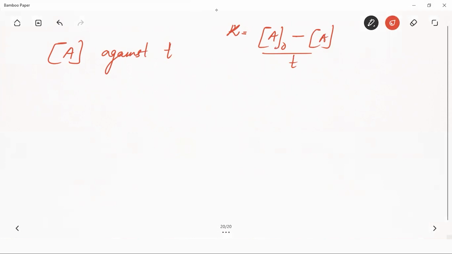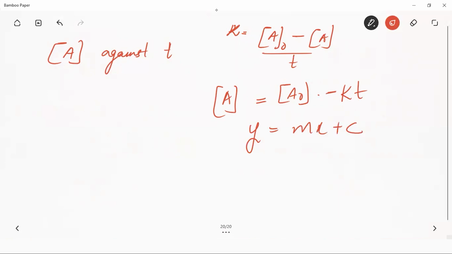Our equation will become [A] is equal to [A]0 minus kt, and this is in the form of a straight line, y equal to mx plus c. We are plotting [A] against time, so we'll be getting a graph like this.